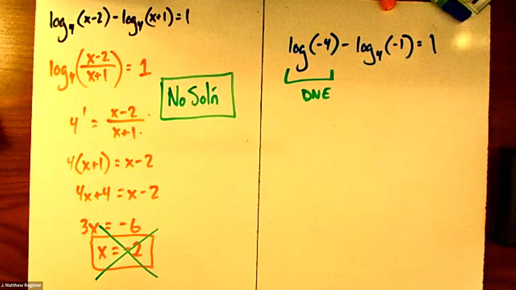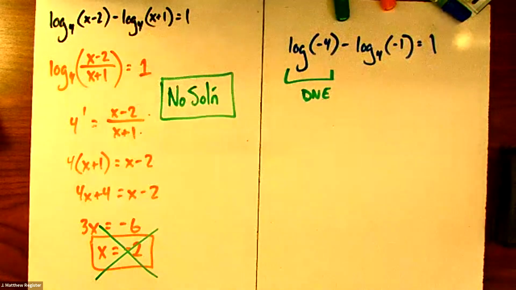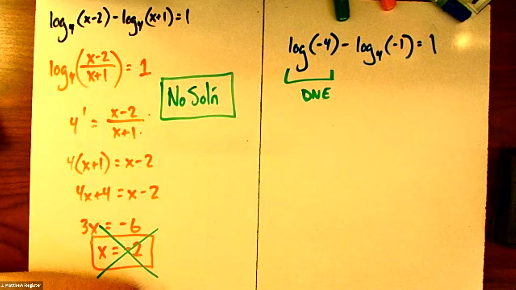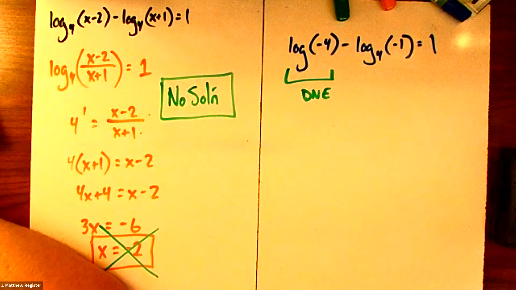If you get a solution which is outside of the domain, that's not good. And so in that case, you're going to have no solution. So always keep an eye out for stuff like that. That's why I wanted to do that problem, by the by, because it's one of those weird ones where there's no solution. And watch, I made a mistake somewhere and there's actually a solution.